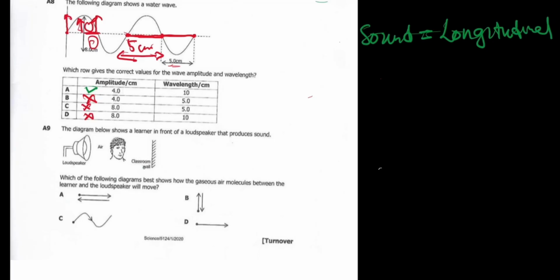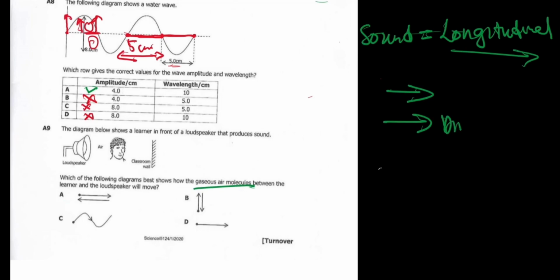Now, when you look at this diagram, it says which of the following diagrams best shows how the gaseous air molecules between the learner and the loudspeaker will move. Now, obviously, because sound is the longitudinal wave, then you know that the direction of the particles, in this case, the gaseous air molecules, is going to be parallel to the direction of travel of a wave.